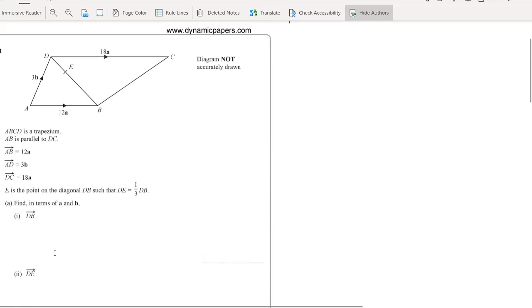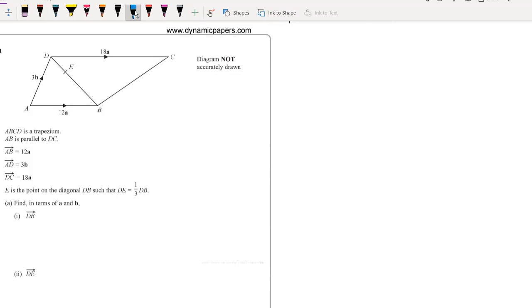We are going to start by getting vector DB. So what is vector DB? If I'm going to move from D to A, then from A to B, this is a vector equal to DB.